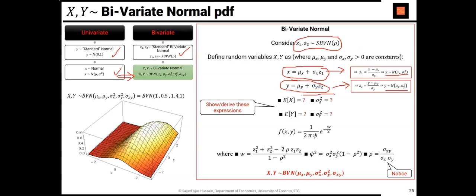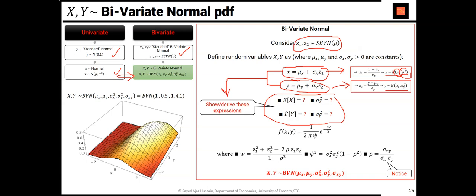Again, you now have enough knowledge to compute the expected value of y and x. Of course, you know the answers because I know the expected value of x should be mu x, and the variance of x should be sigma squared x.